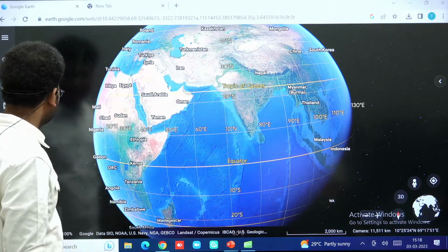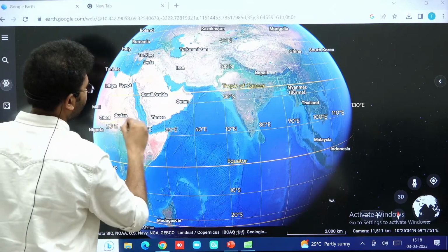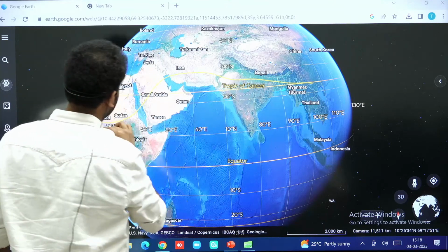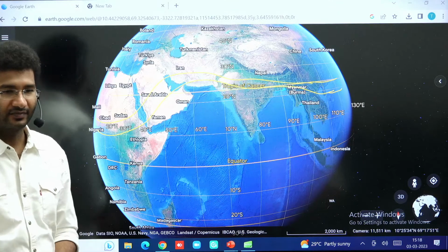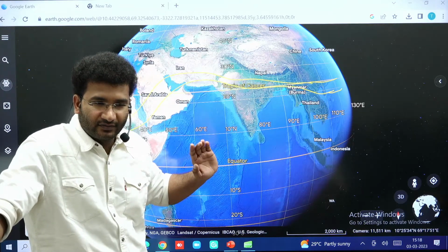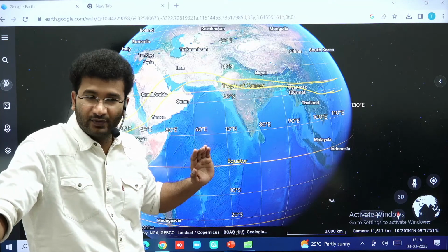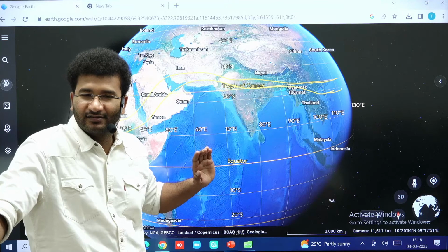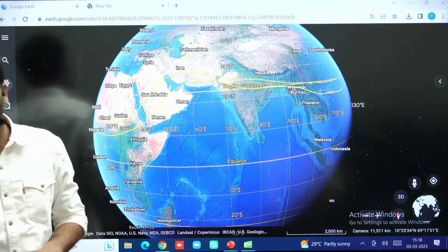Your ITCZ zone in the month of June and July is present here. Right? So south of the ITCZ, what kind of winds do you have? Southeast trade winds or southwest winds? I know there's a lot of confusion, right? So wait for some time, you'll get the complete picture clarity here.